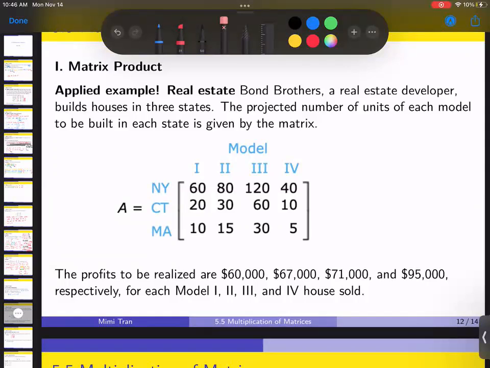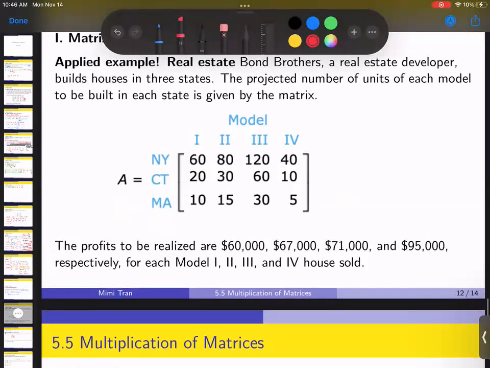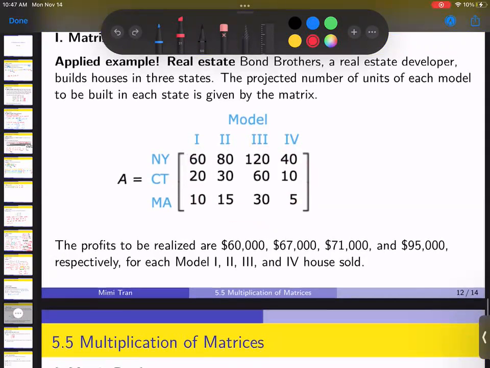So model 1, model 2, model 3, model 4. And these numbers here are the units, how many units they build for each model in each state. The profit to be realized for each model is 60K, 67K, 71K, and 95K respectively.